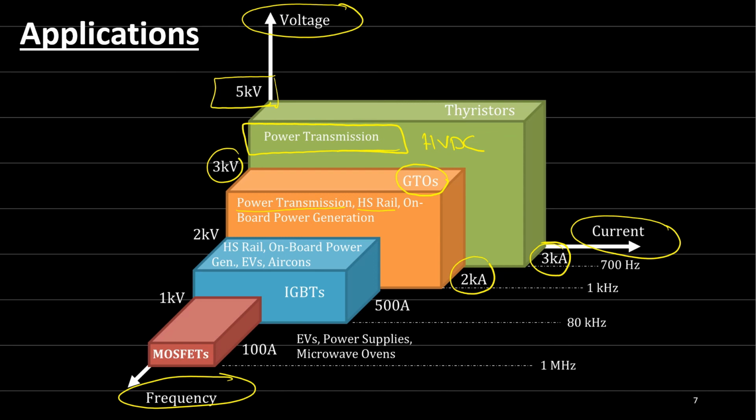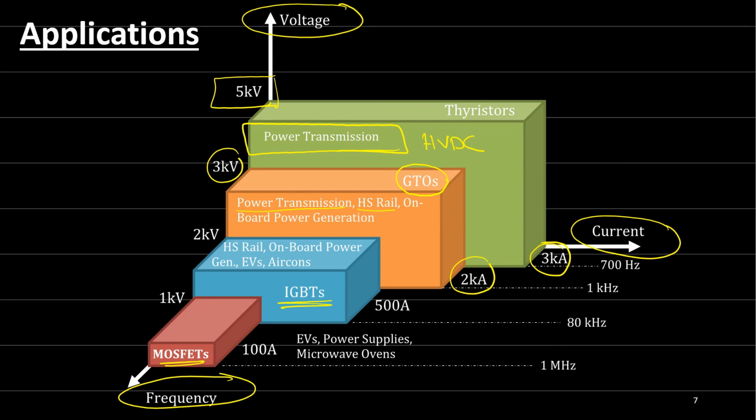Then you'll find the most common devices in power electronic systems beside the thyristors, the IGBTs and the MOSFETs. IGBTs can be operated in many applications, like high-speed rails, onboard power chargers, electric vehicles, air conditioners, and many other applications. PV systems, wind turbines, power converters, and so on.